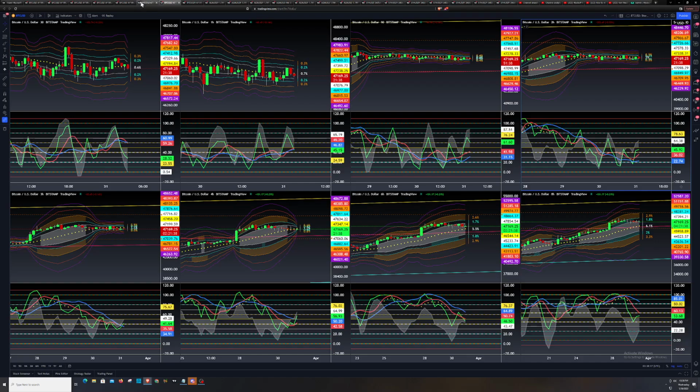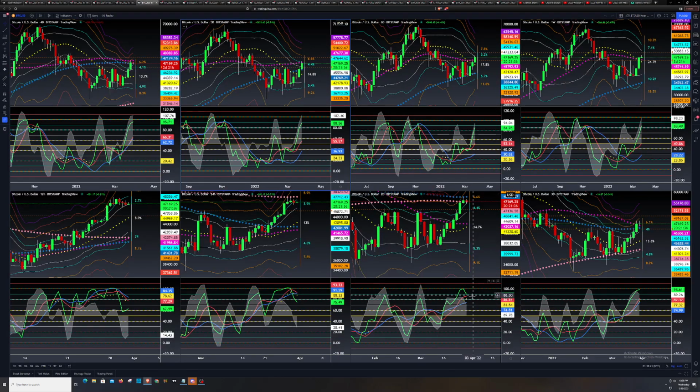Do we have downward pressure in this near-term group? Do we have this red RSI going below level 50 to trigger downward pressure in the 12-hour, in the 24-hour, in the 2-day, going below level 50? No. We don't see it. Right now, upward pressure is still going.